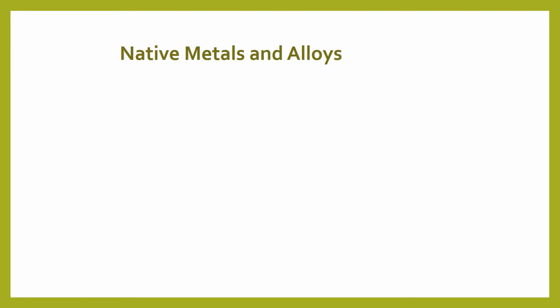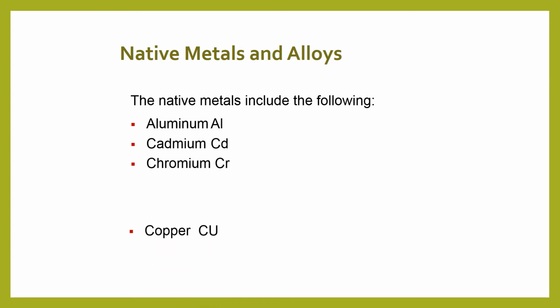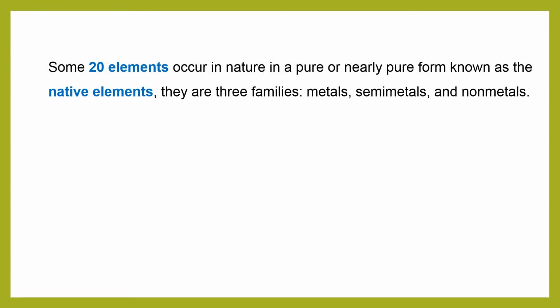Let's talk about native metals and alloys. Native metals include aluminum, cadmium, chromium, copper, gold, indium, and 20 elements occur in nature in a pure or nearly pure form. That's why we call them the native elements.